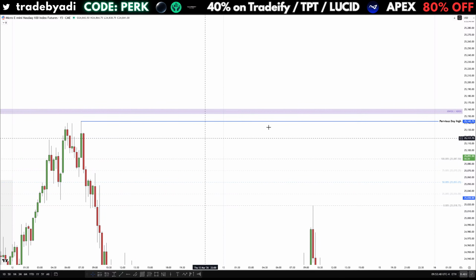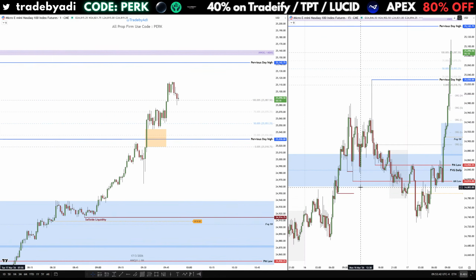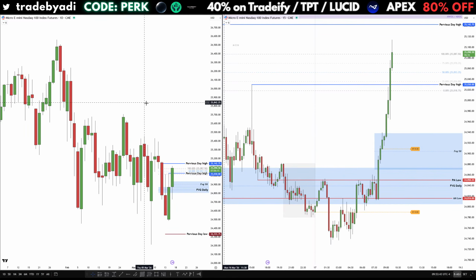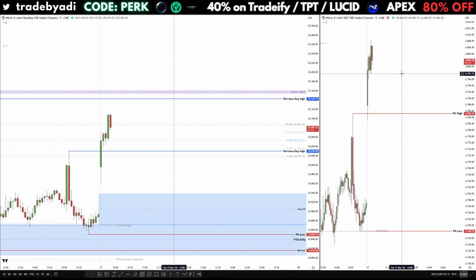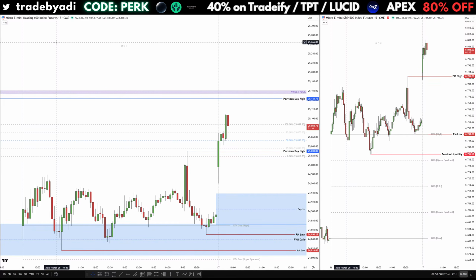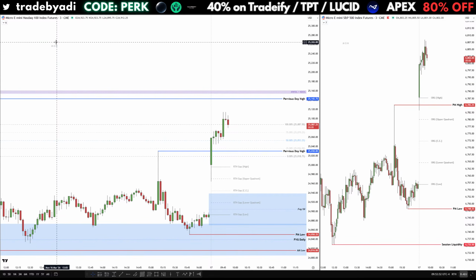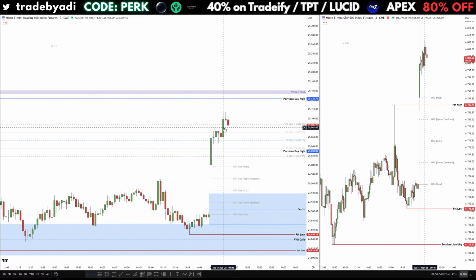We are trading over here. ES has not created any fair value gap. The Nasdaq has done it.